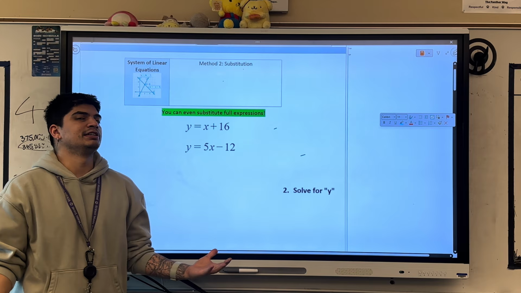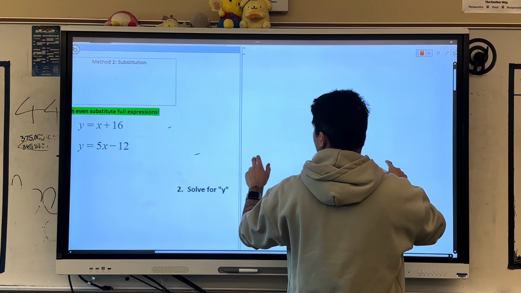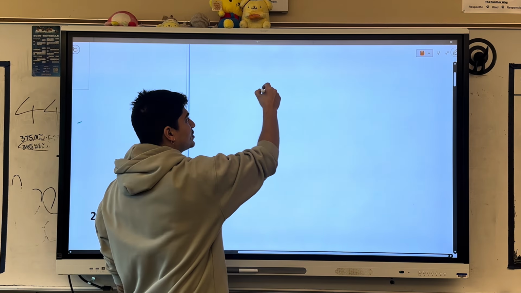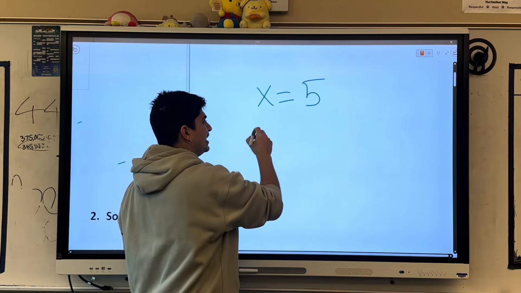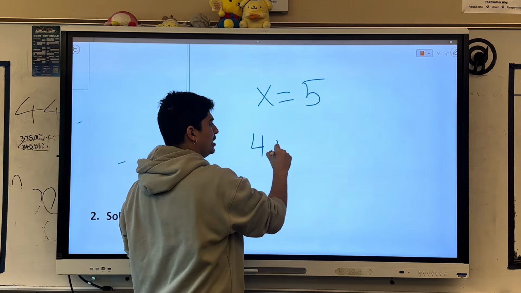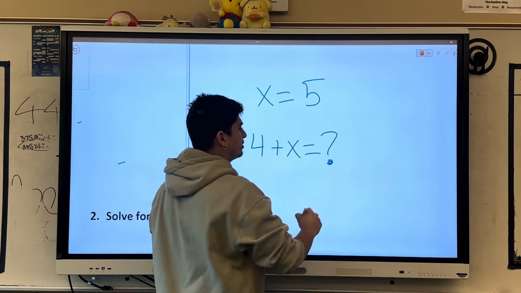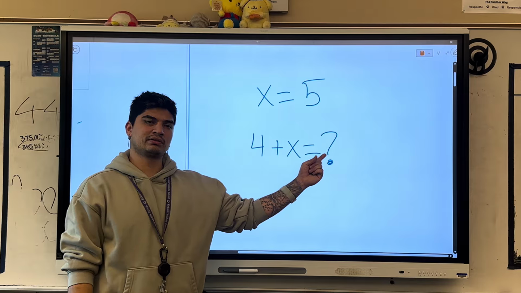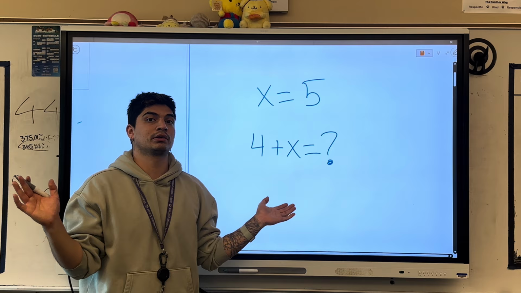So what is substitution? Again, I'm going to go with the baby form, something that I think all of us can do. If I gave you x is equal to 5, and I said 4 plus x is equal to question mark, what is that question mark?